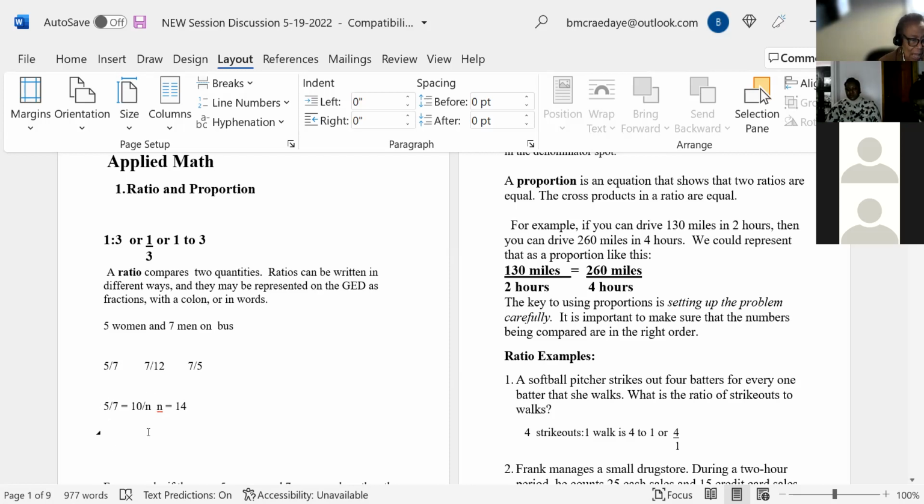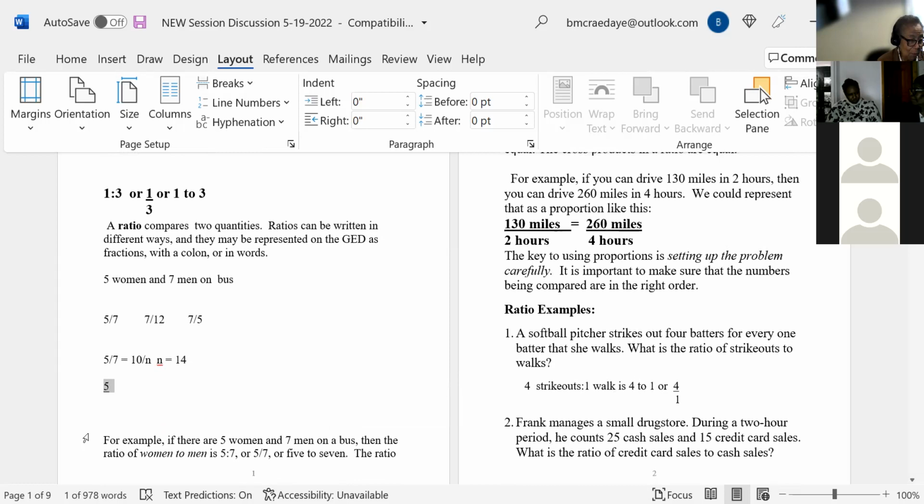Remember, I want to keep the same ratio. 5 over 7 is 10 over what? Mercedes, you got it? 5 over 7 is 10 over what number? Now, you can do this with cross multiplication. Let me write it: 5 over 7.